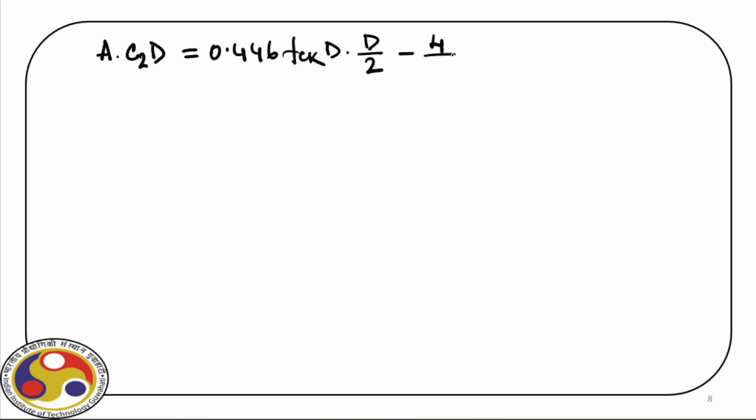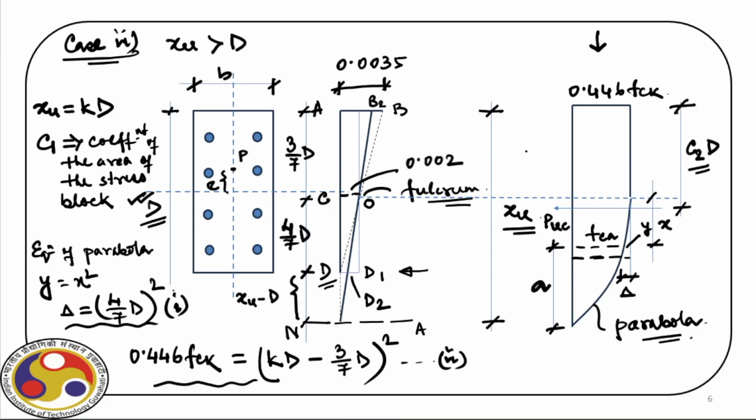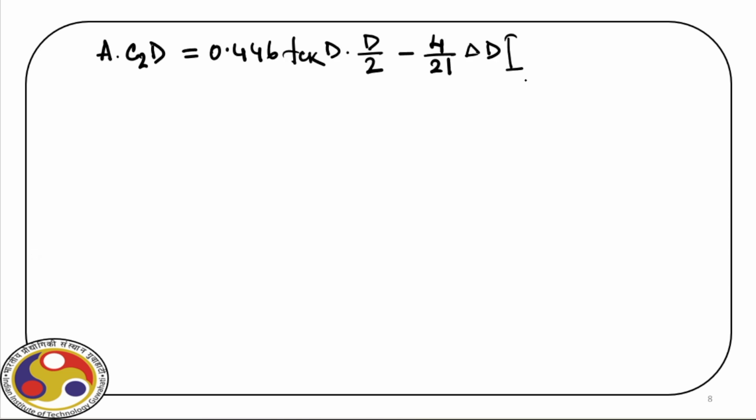And for that, it will come 4 by 21 delta times D. Then within bracket, we have the location we can identify. It is 3/7 D. So this is 3/7 D plus the location of the CG of this parabolic wedge, which is 3/4 times the dimension, which is 4/7 D, right? So we can write that.